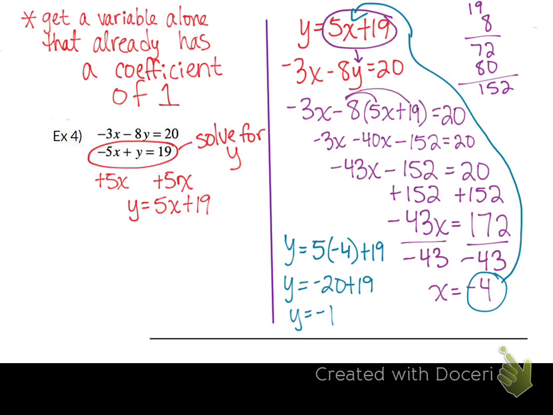Our answer as an ordered pair: -4 comma -1. Questions about example 4?